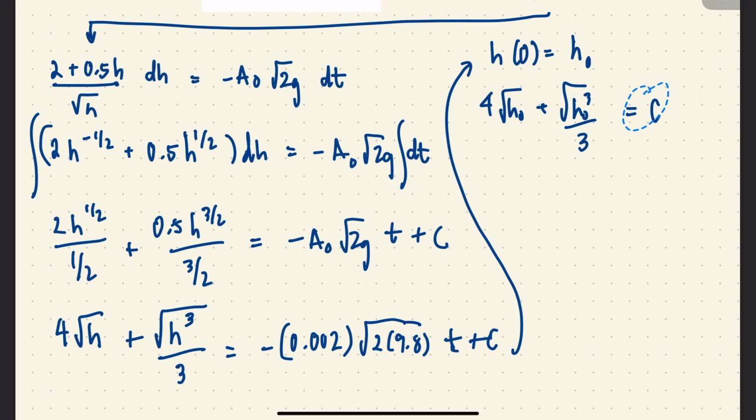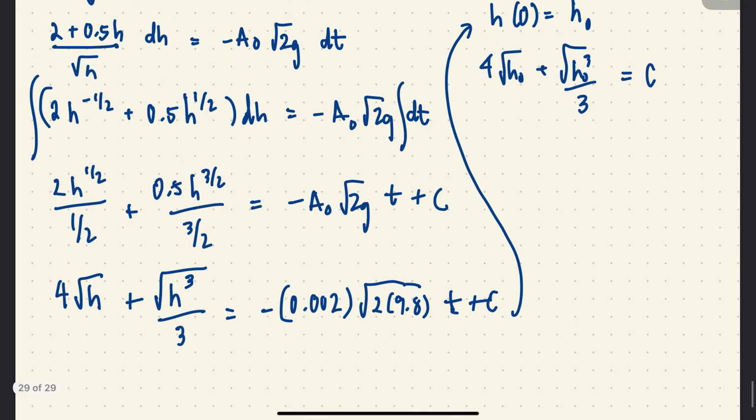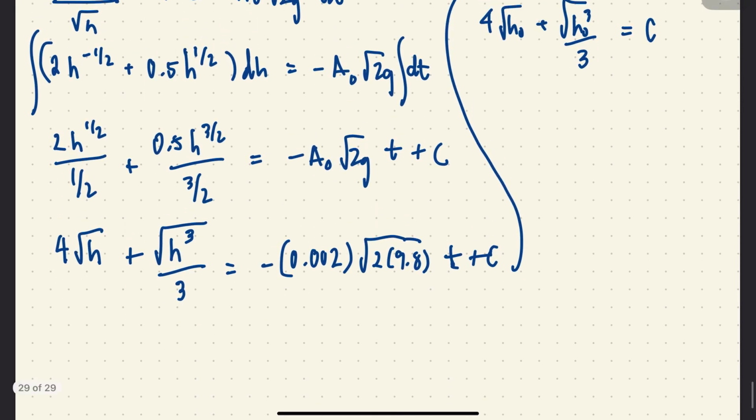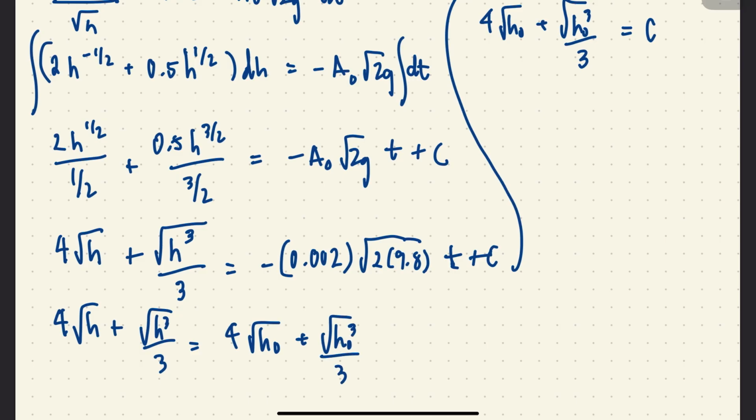This will be your constant. So applying this into the equation, you will get 4 square root of h plus square root of h cubed over 3 is equal to, let's put on the c first, 4 square root of h sub o plus square root of h sub o cubed over 3 minus, let's simplify the constants, and we'll have, just put on the values. Later on, we just solve for t.